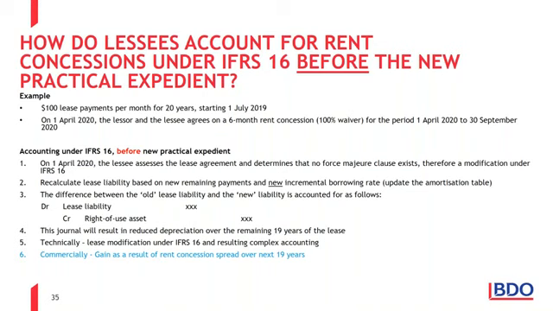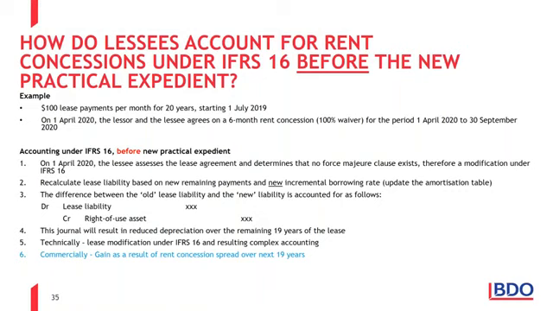And the effect of this is, because you are also adjusting your right of use asset, your depreciation on that right of use asset for the remainder, the rest of the 19 years, will be based on a lower right of use asset. We will reduce our depreciation.